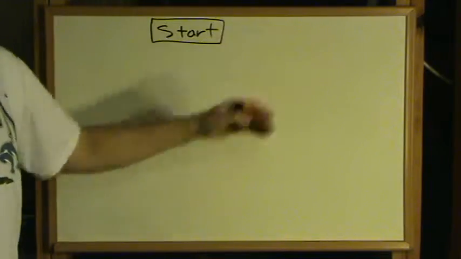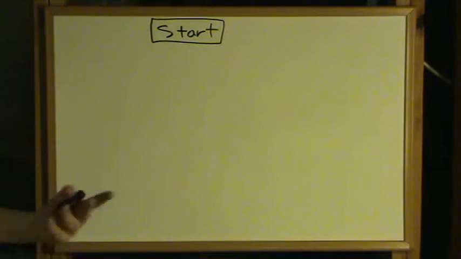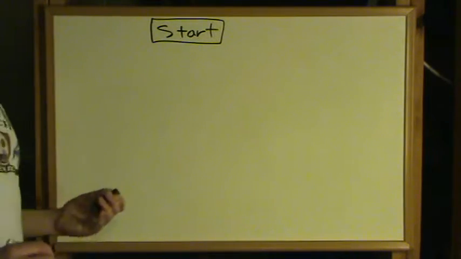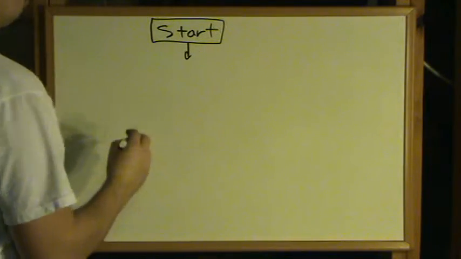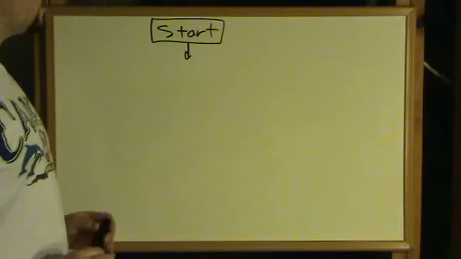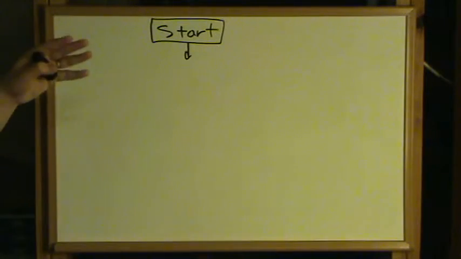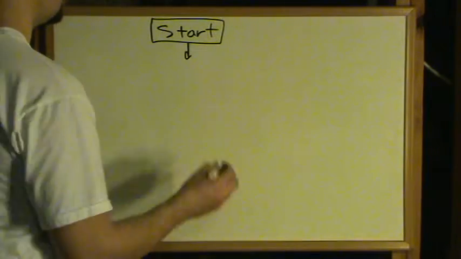You usually go top to bottom, left to right. To indicate which direction you are going from one block to the next, you use an arrow. So from the start, we're going to go down. This will be a very simple, very high level flowchart.